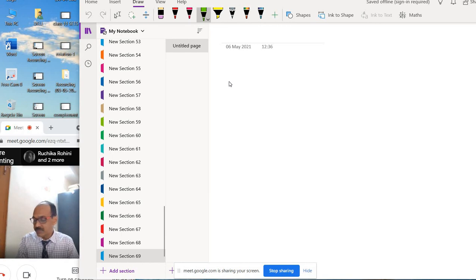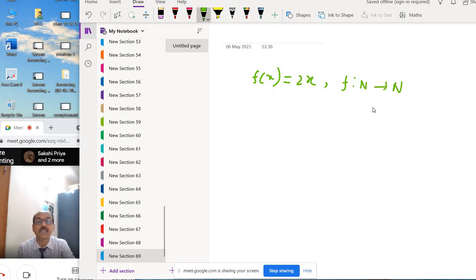Okay, so one example: f(x) equals 2x. f is a function such that N tends to N, that means capital N means natural numbers.